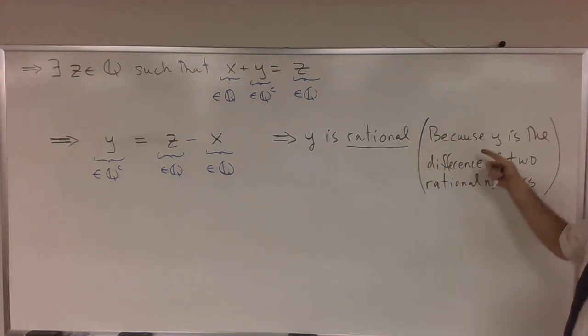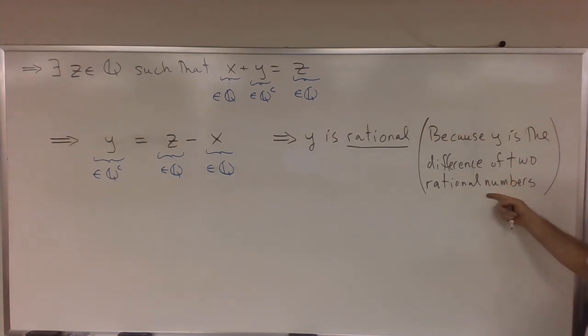Y is rational because y is the difference of two rational numbers, z and x.